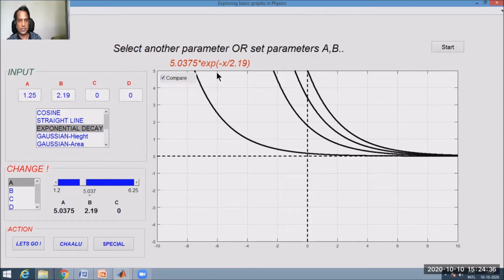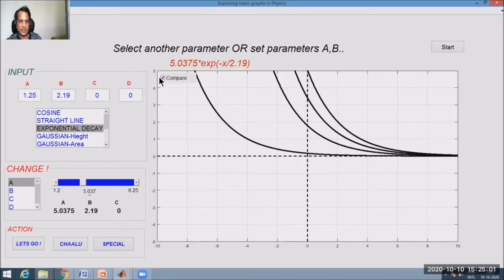Looking at the equation, we should be in a position to see if there is any special point related to this. This value happens to be at x equal to 0. What is the function value? It becomes a itself, because at x equal to 0, the exponential term becomes 1, and then the y value will be a itself.